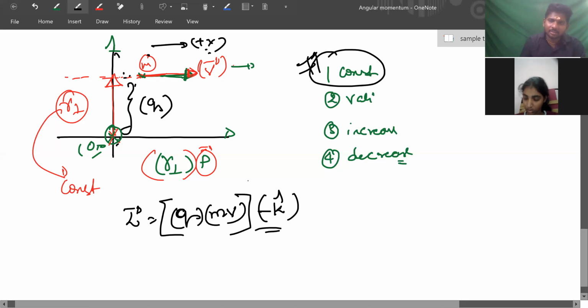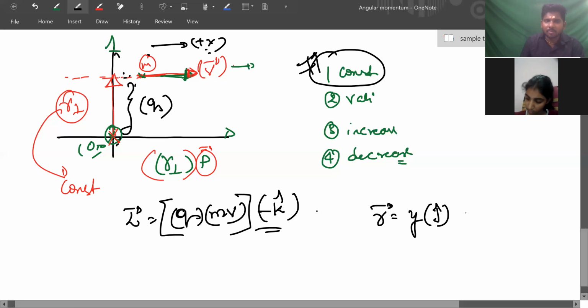How to find it? Keep your first hand in the r vector direction and curl your fingers in the momentum vector direction, then you automatically get the angular momentum vector direction. Otherwise, formula-wise, the r vector is in the direction of the positive y-axis, so it is y j cap.